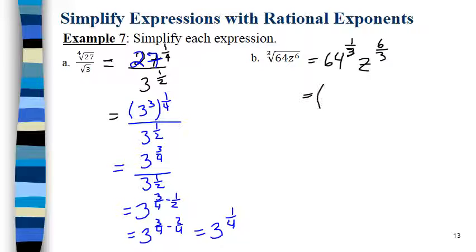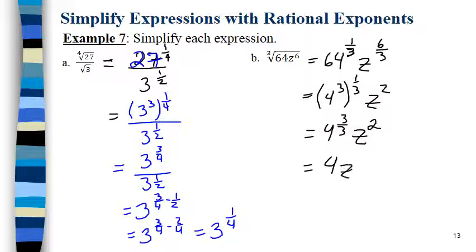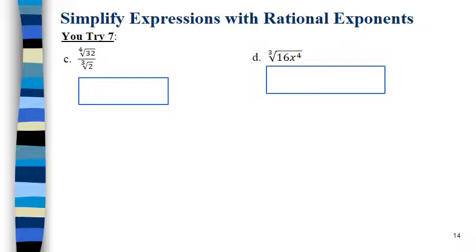So if 64 is 4 to the 3rd power raised to the 1/3 power, and z to the 6/3 would be z squared. Well, now we have 4 to the 3/3 z squared, and 4 to the 3/3 is just 4, so now we have 4z squared. Okay, I want you to go ahead and try those.